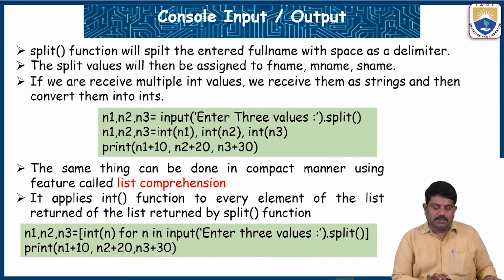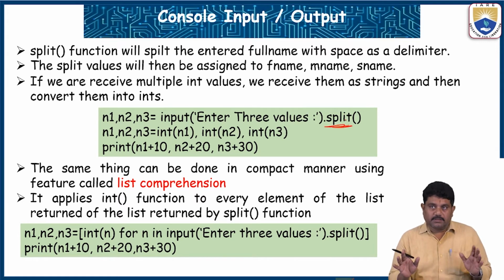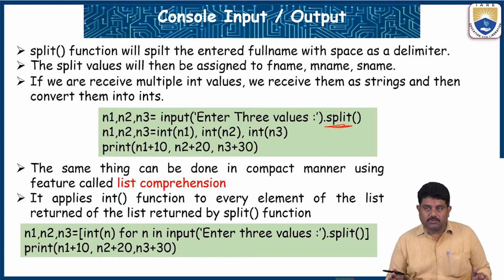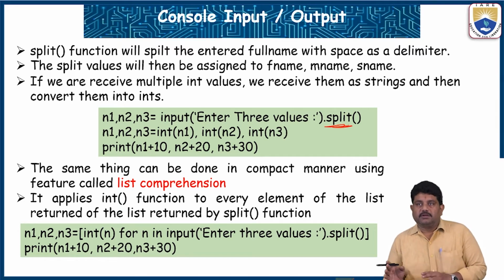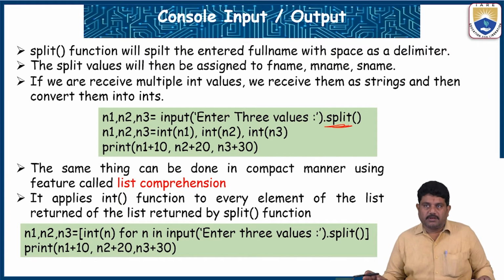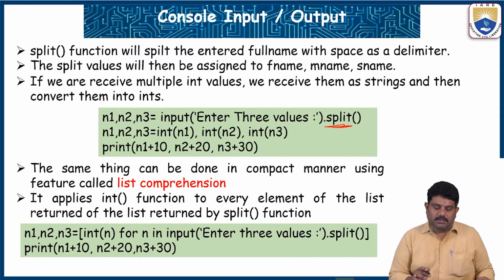See here, n1 comma n2 comma n3 equal to input of enter three values, and using the split function it splits whatever string or values you entered into individual values or individual strings. So here I'm entering three values, and those three values will be stored in three variables: n1, n2, n3.